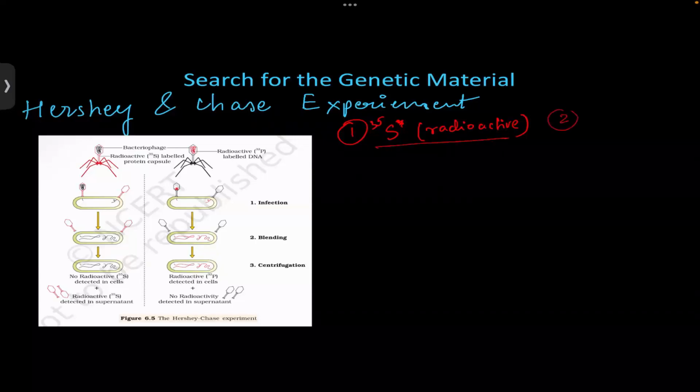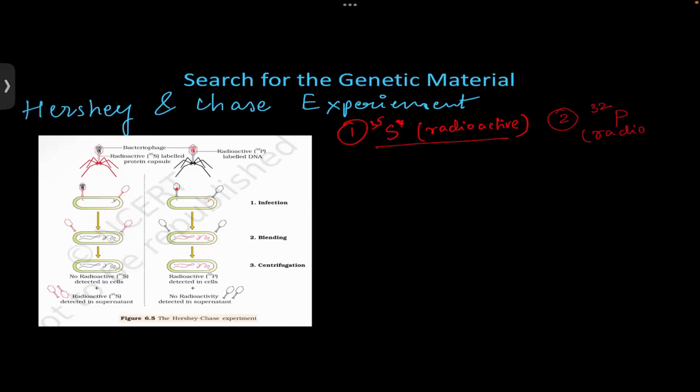Another group of bacteriophages was grown in a media containing radioactive phosphorus. This is an isotope of phosphorus and this is an isotope of sulfur, which are known to have radioactive properties.